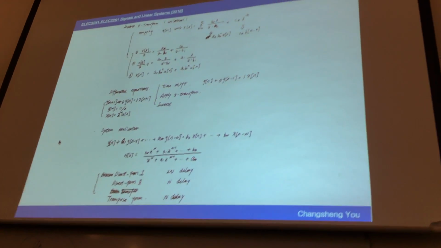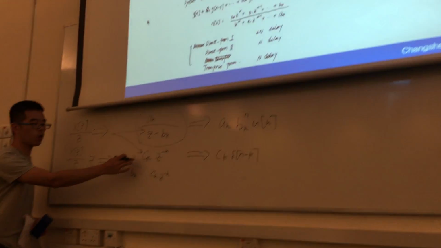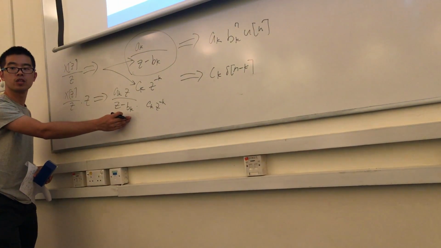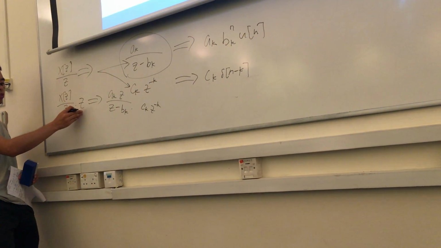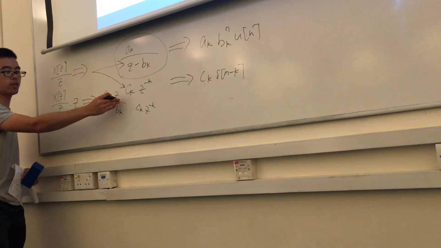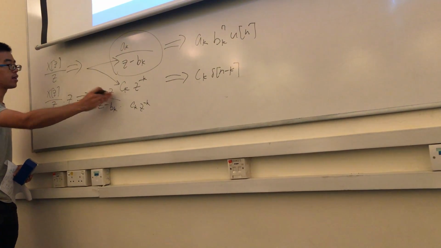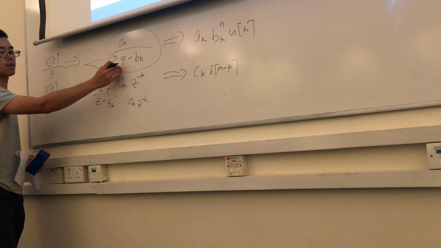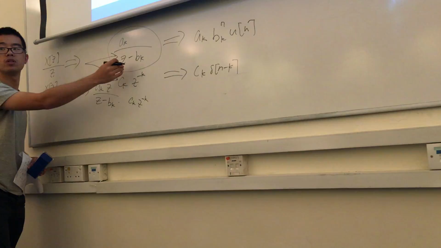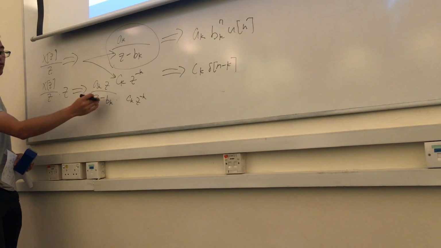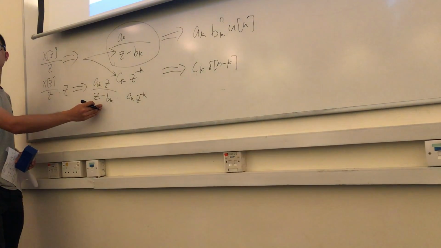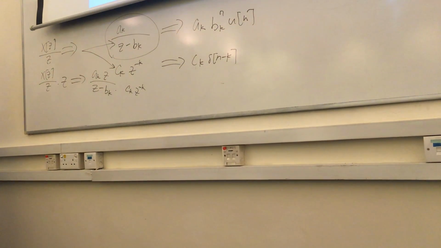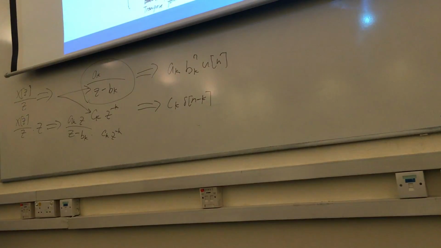That's why, because this form is z over z minus bk, in the second step we need to multiply by z. So here we decompose it by the summation of this kind of form, and then multiplying by z we have this form. Any problem? So this is the normal way to calculate the inverse transform.